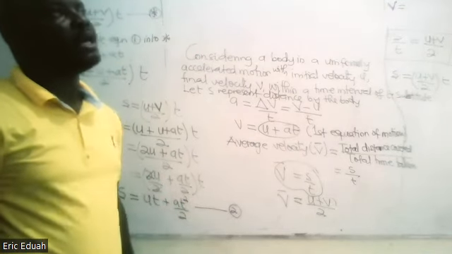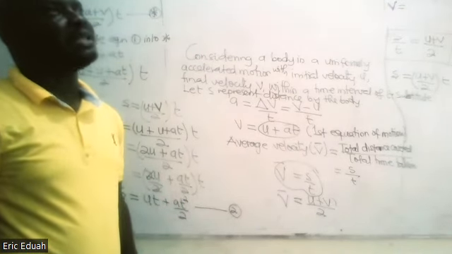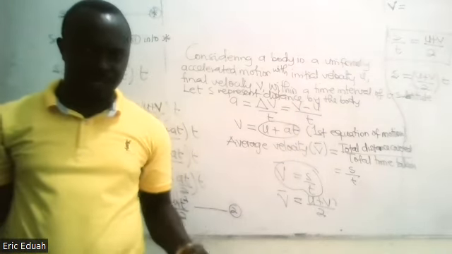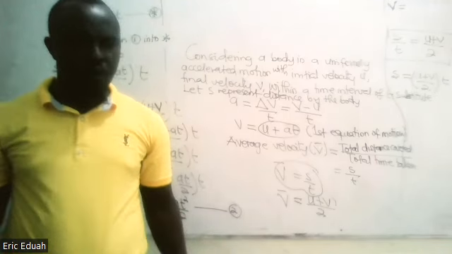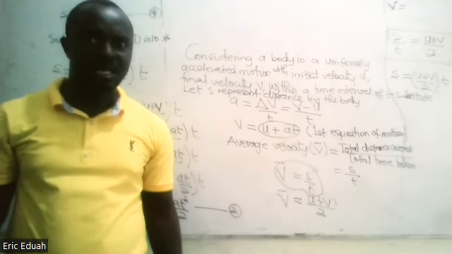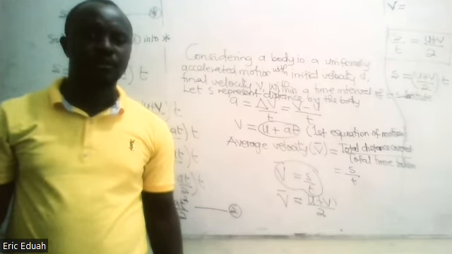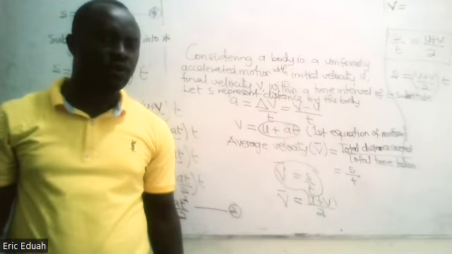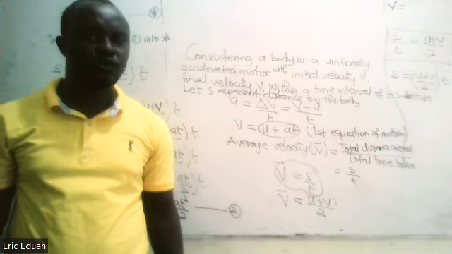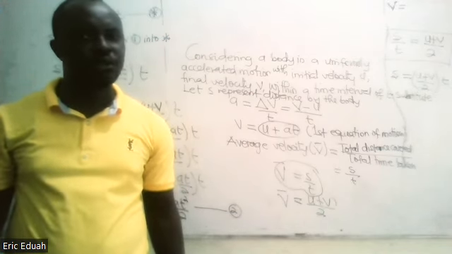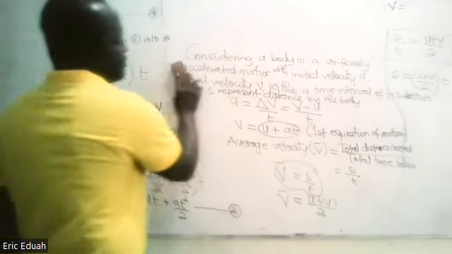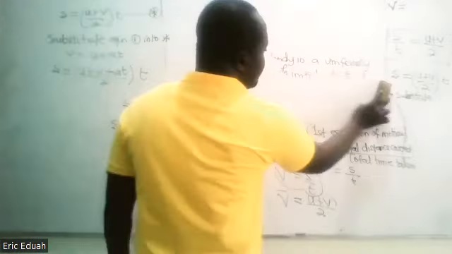What I'm saying is that the third equation depends on the average velocity. Once you understand that average velocity is total distance covered divided by total time, and it's also equal to initial velocity plus final velocity divided by 2, you can easily extract equation 2 and 3.